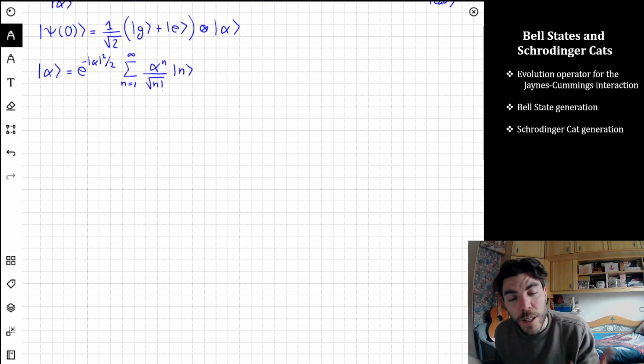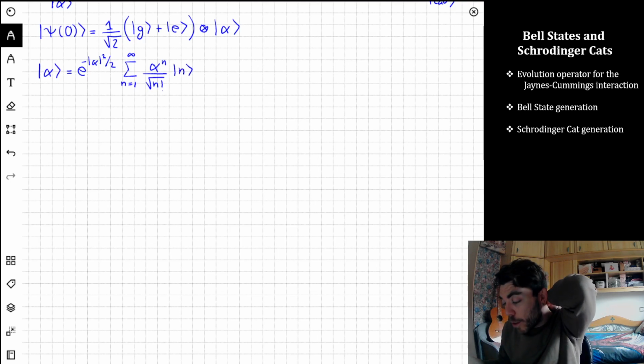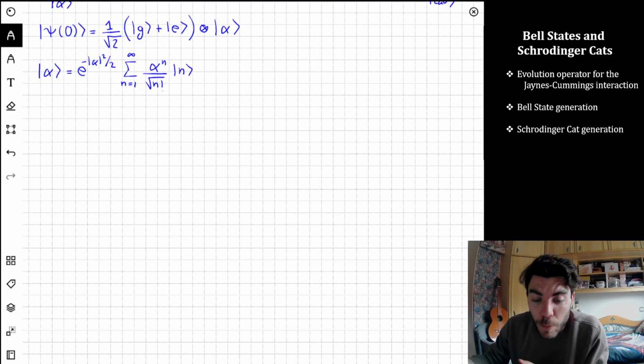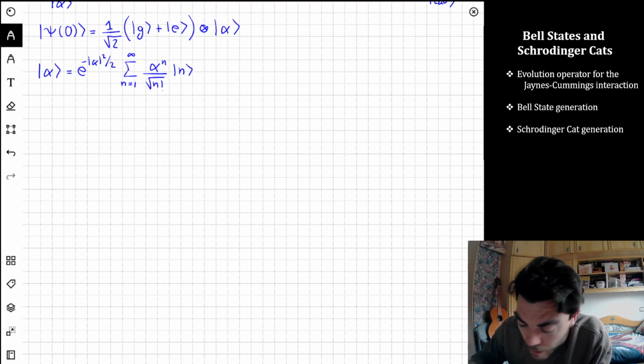These |n> are the Fock states, because we know how the evolution operator affects the Fock states, and we can write any state in quantum optics as a superposition of the Fock states, because the Fock states are a complete basis. So this particular one is the coherent state, which is the state we are interested in.